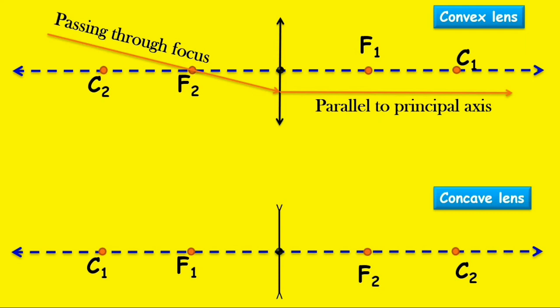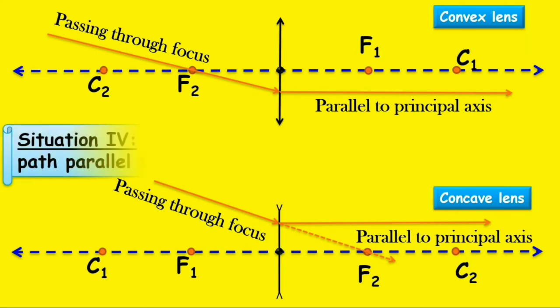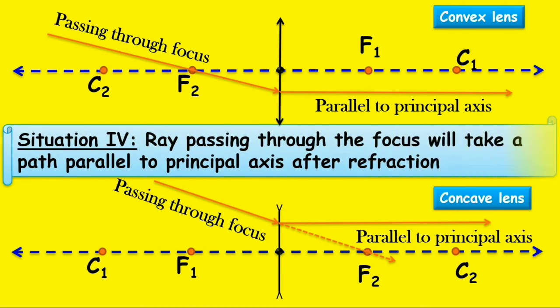For the concave lens, a ray directed towards the focus also, after refraction, takes the path which is parallel to the principal axis. So in situation 4, a ray passing through the focus will take a path parallel to the principal axis after refraction.